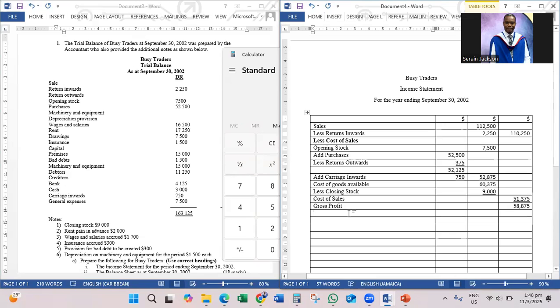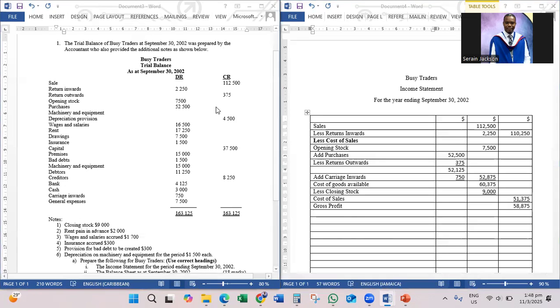However, when you have arrived at the gross profit, now you have to stop, take a break, and look in your footnotes, look through your trial balance as well. Look for items that can be added to your gross profit. So you have to look if there are any revenues that can be added now to your gross profit.